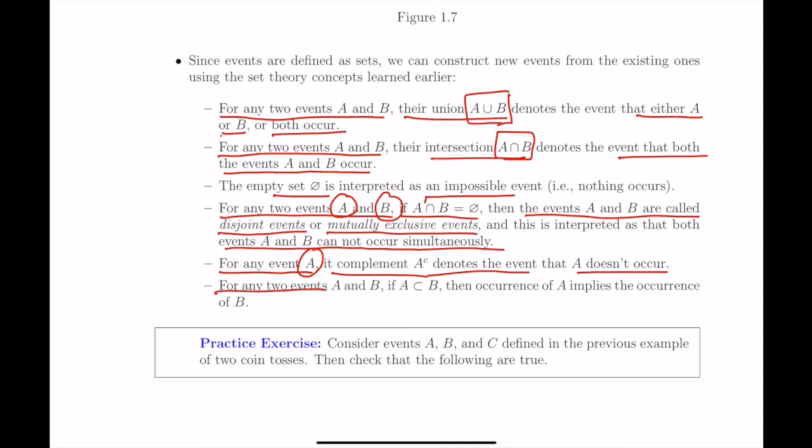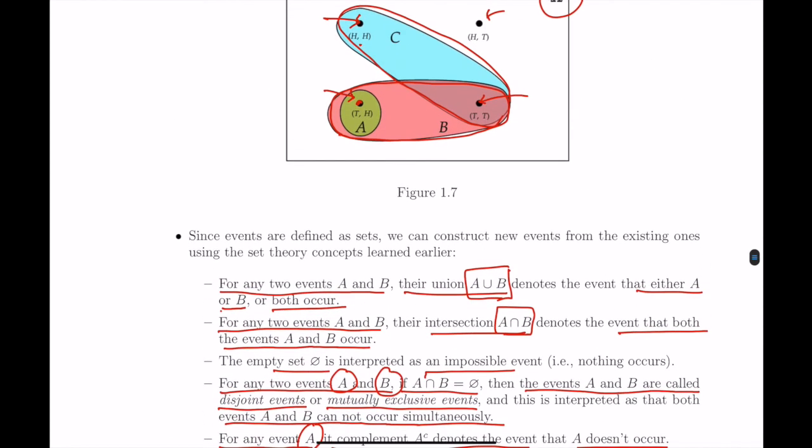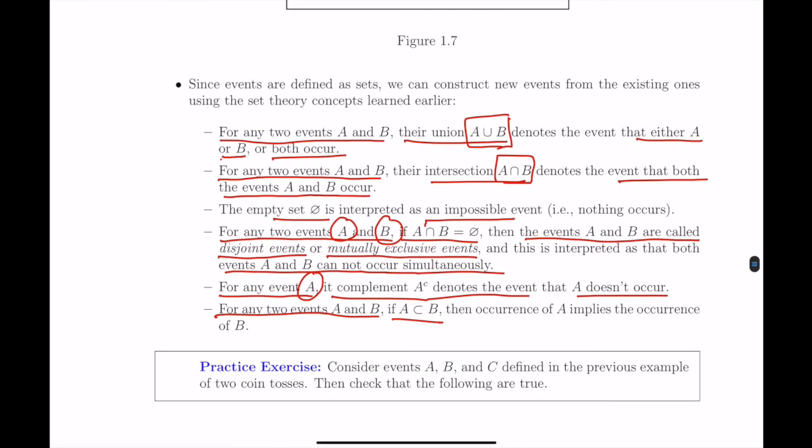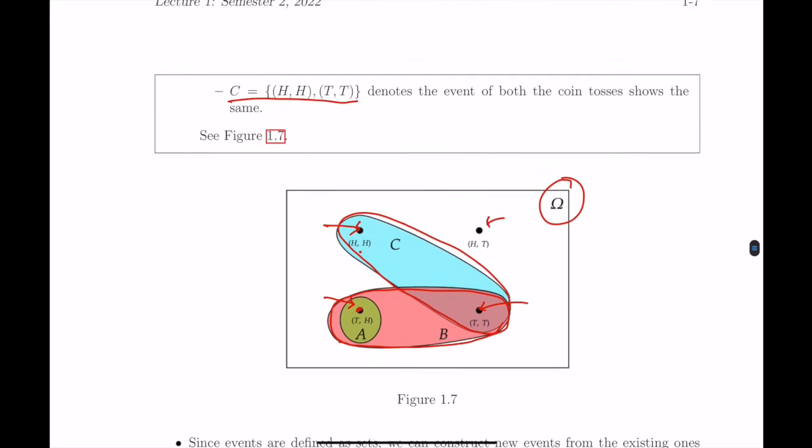Finally, for any two events A and B, if A is subset of B, that is the case in this Venn diagram where A is a subset of B, then occurrence of A implies the occurrence of B. If you see, what is B here?